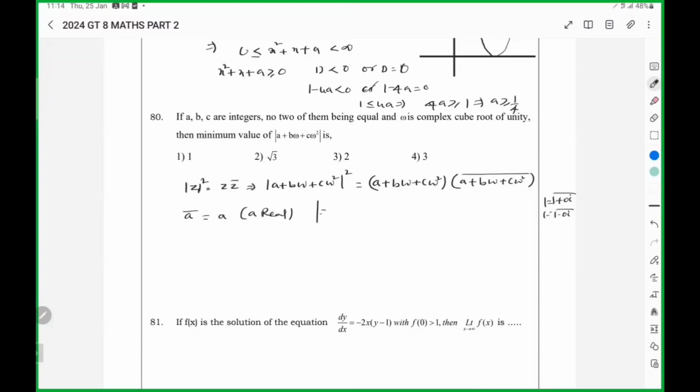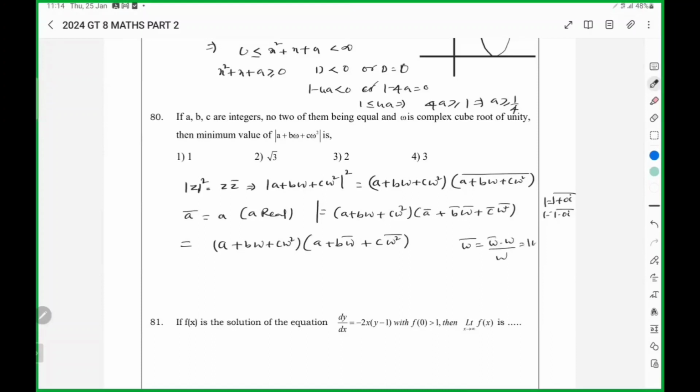So this expression we can write a bar plus b bar omega bar plus c bar omega square bar, which can be written as a bar is a, omega bar is omega square, or you can write omega square by omega cube. Omega cube is 1. Similarly, omega square conjugate is omega.